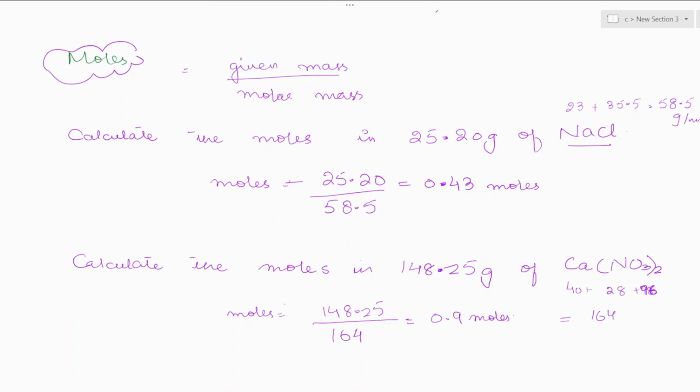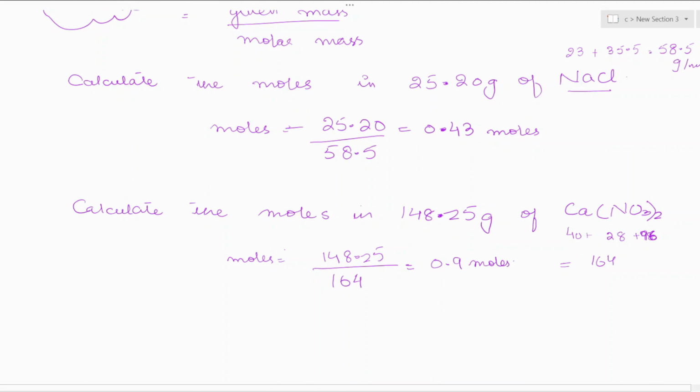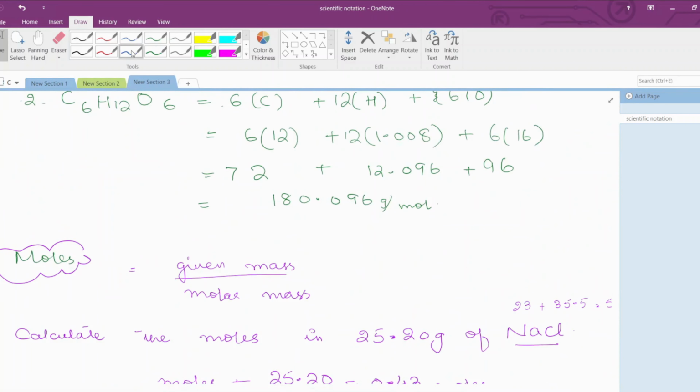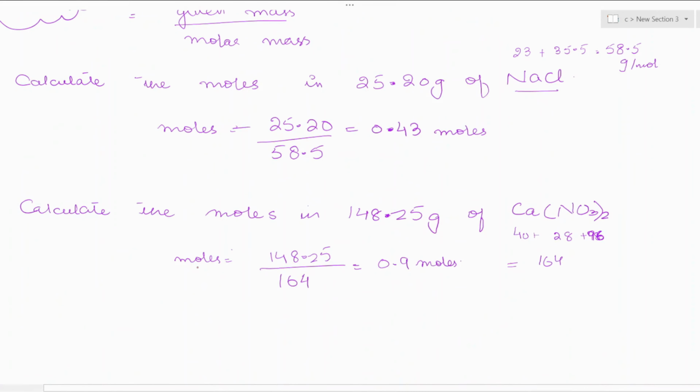Okay. The next concept is to calculate the number of atoms or the number of molecules in any substance, whatever is given. Okay, and we use a specific number, and this is known as Avogadro number.